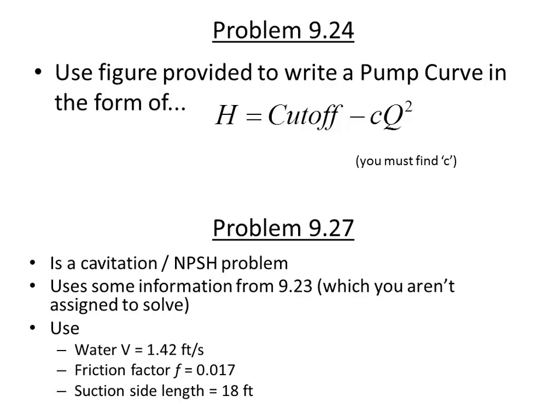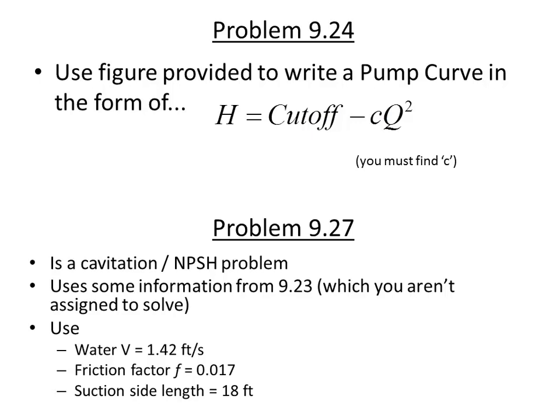I think you can substitute in a couple of values and see if the figure that you come up with looks similar to the figure that they presented. In fact, using Excel, you could put together a graph really easily of different C values and try to find what is the pump curve that you should use. And then, of course, to find the operating point, you set the pump curve equal to the system curve and solve for the flow rate. So just a hint there for problem 924.